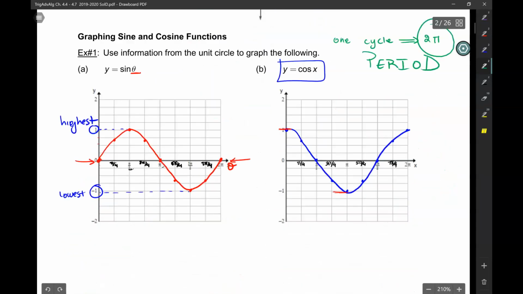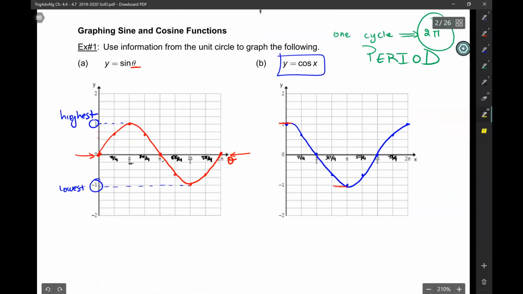Now look at what else I need you to see. For the sine, we hit 0, maximum, 0, minimum, 0, right? So we're going back and forth between 0, max, 0, min, 0. Look at the cosine. We have max, 0, min, 0, max.